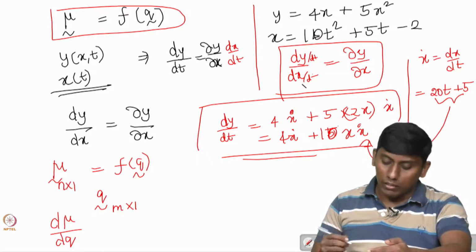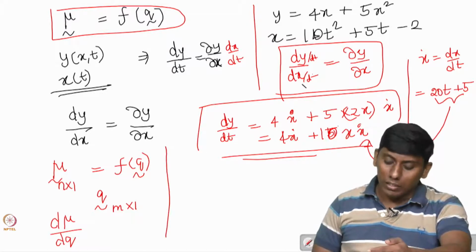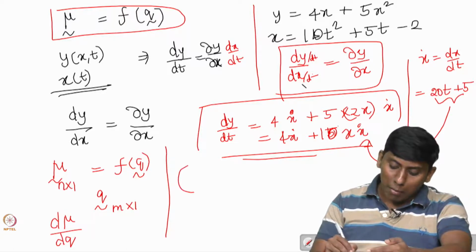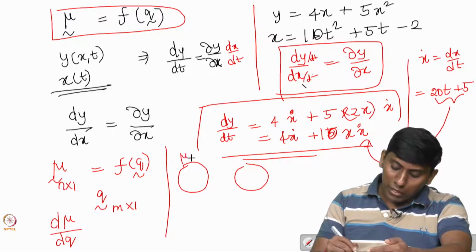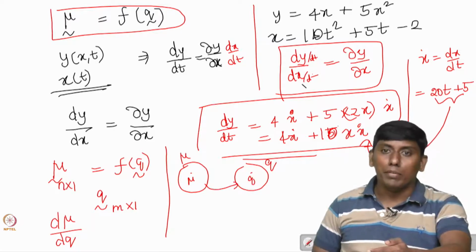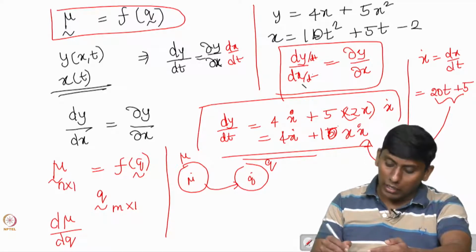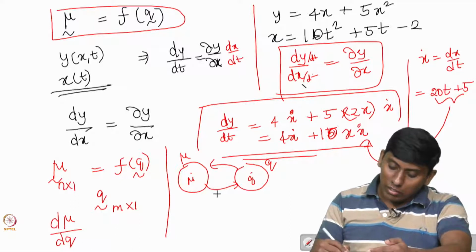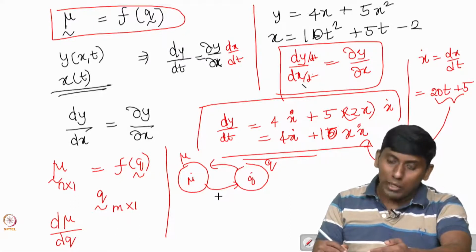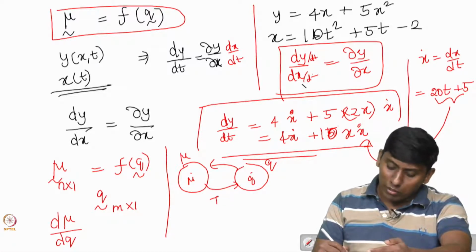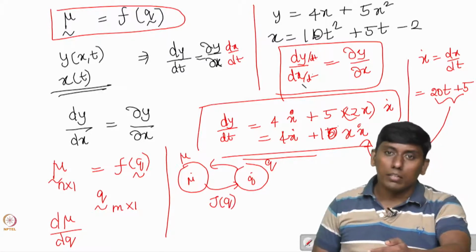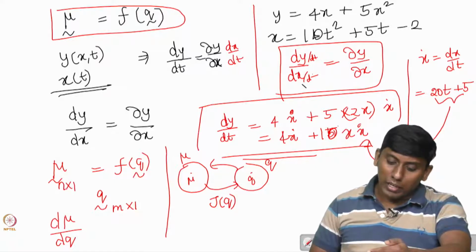So for that Jacobi has given a method, which is mapping between two spaces: this is mu space and this is q space. Where mu dot and q dot relation, we are mapping from one to another, either this or this. This mapping is what we call the kinematic transformation matrix, this matrix in the velocity form, what you call the Jacobian matrix. So that is what we have written.